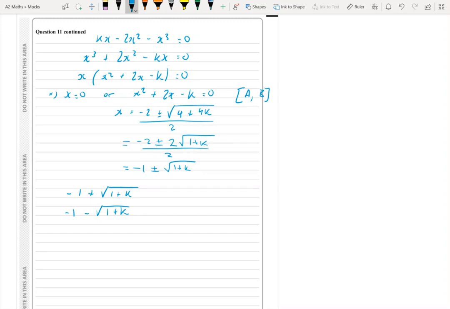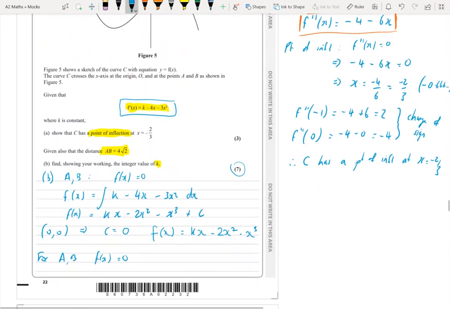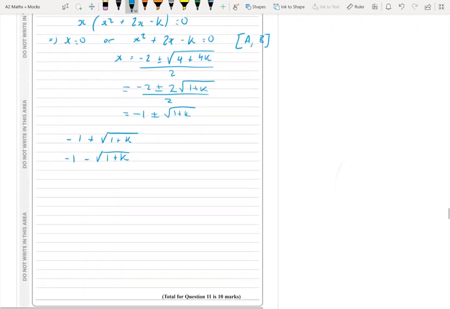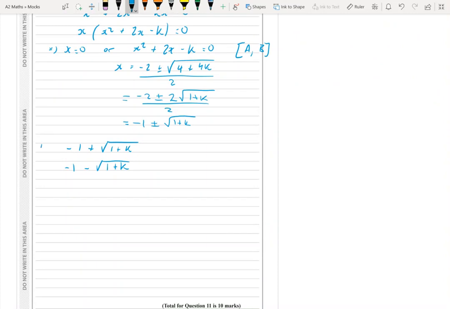Now if we go back to our diagram for a second, b is on the right and a is on the left, so b is the bigger root. So let's look at these. This one must be b and this one must be a. And we were told that BA equals 4 root 2.